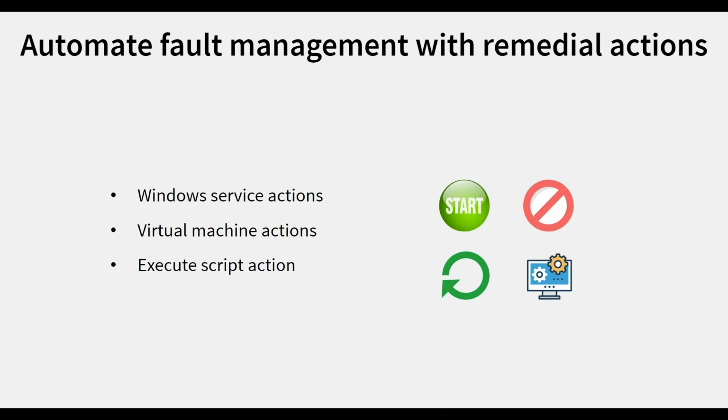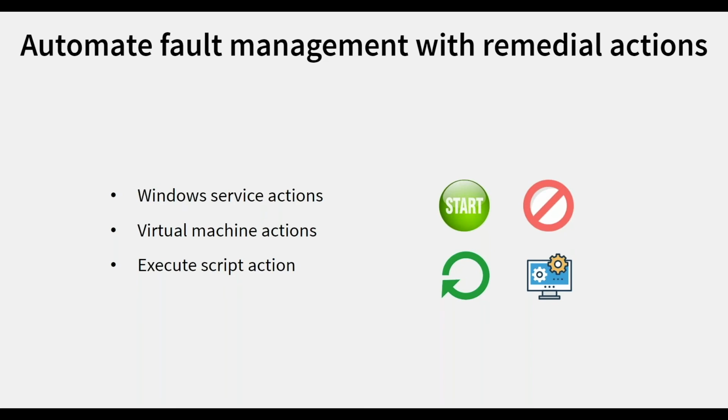Imagining this in terms of 20, 30, or say 50 servers, these kinds of manual tasks can easily be eliminated and replaced with automated actions. Similarly, say you have to restart your virtual machine or run a particular Windows service should there be a problem, all of these actions can be automated with Applications Manager.